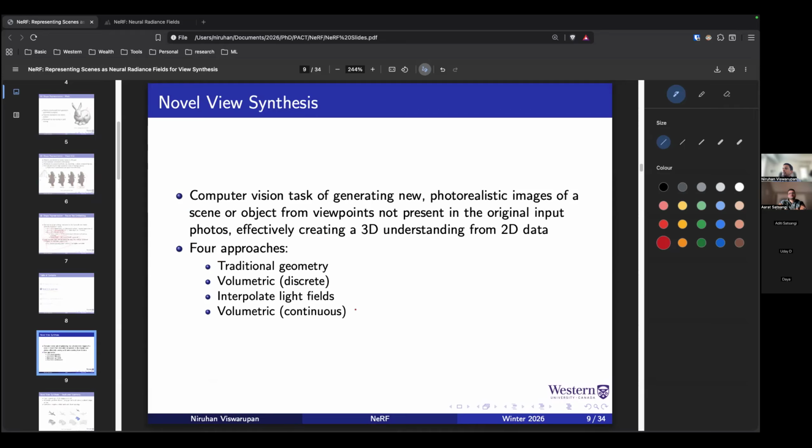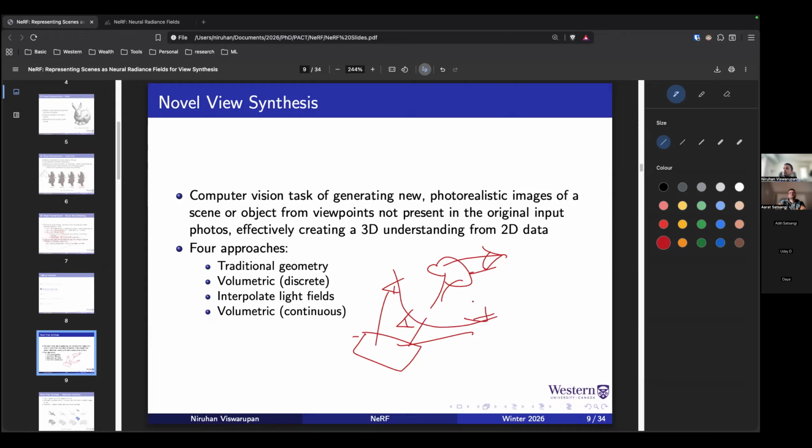What they mean is, let's say you have a tree, and you take photos from different angles. You take all this information and train some system, and then after training you should be able to generate an image showing how the tree would look from an angle that we have not captured in our training images.